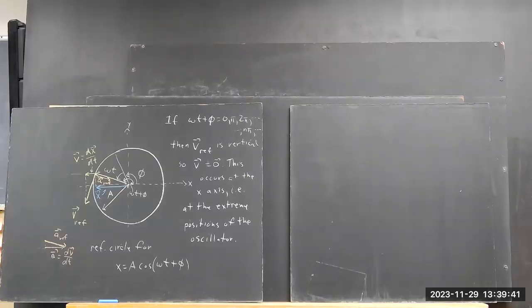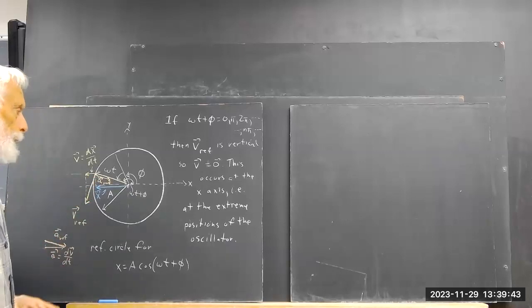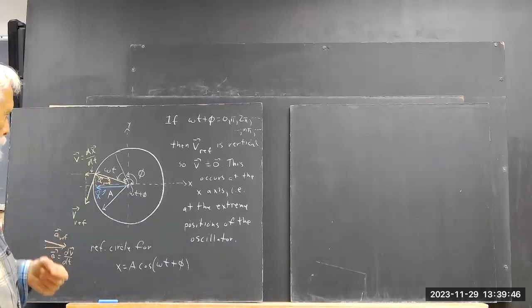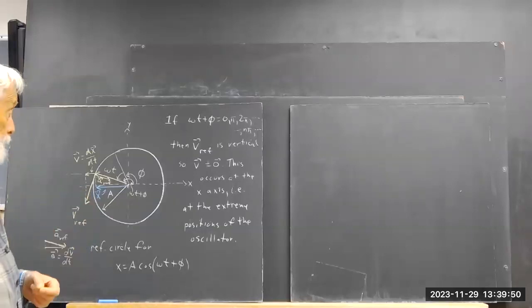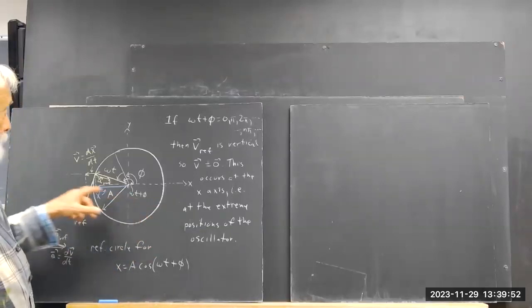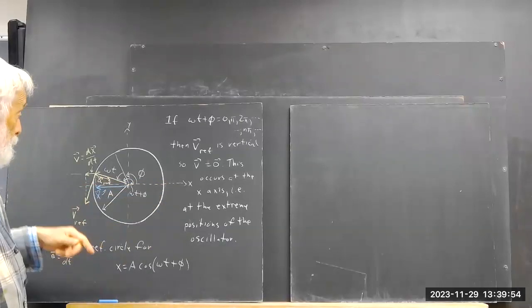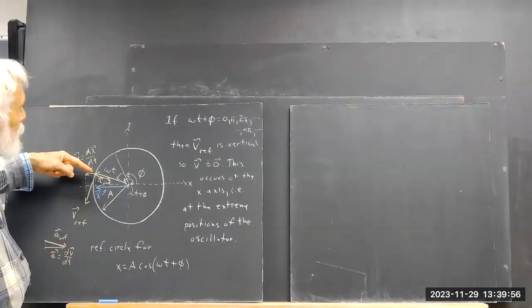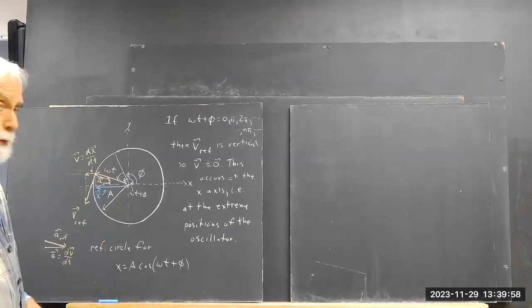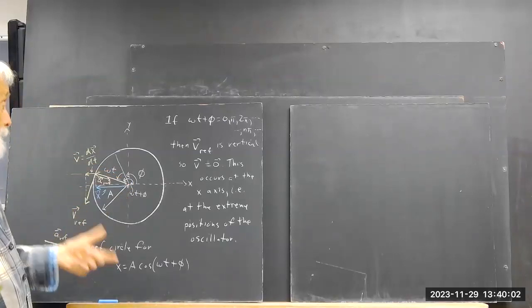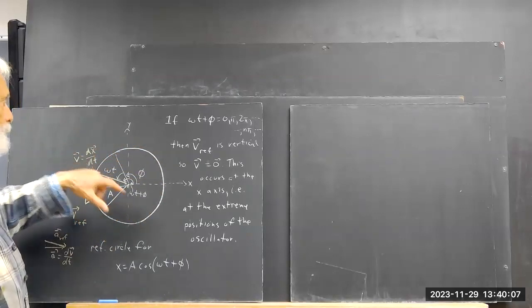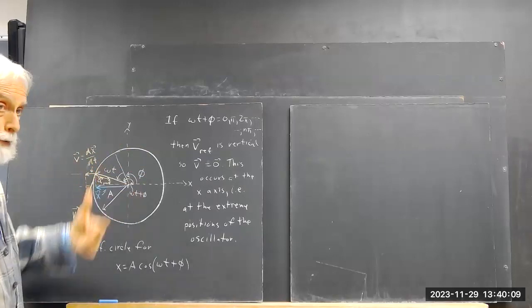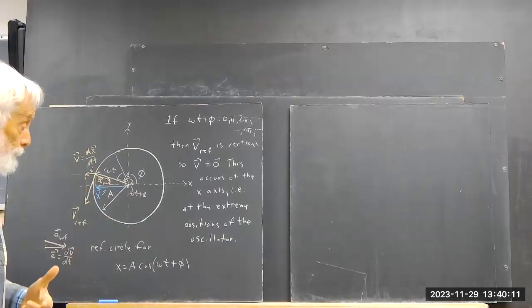Okay, now I ask the same question about the acceleration. Where is the acceleration of the actual oscillator maximized? And I got a pretty quick answer: at the extreme points. Why is that? Because you have a centripetal acceleration vector that's of constant length, because, again, since omega is constant, the velocity around this circle is constant, so the centripetal acceleration is constant.